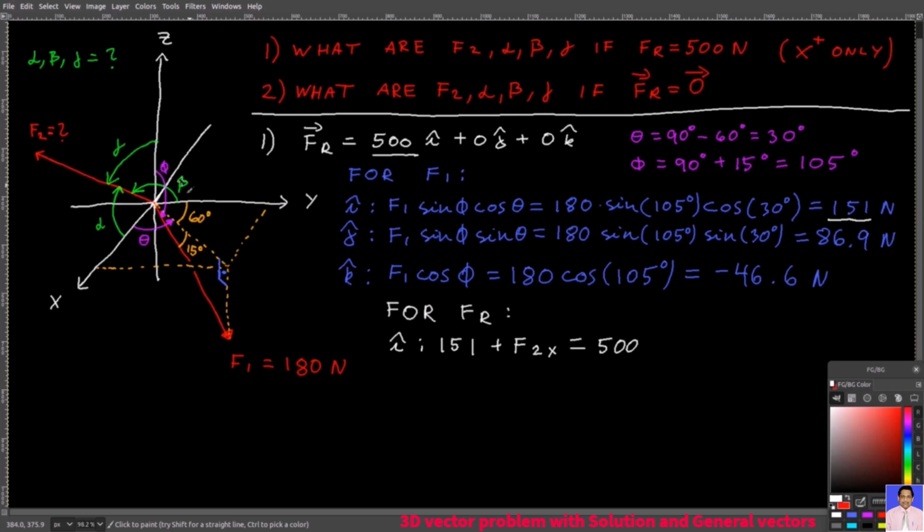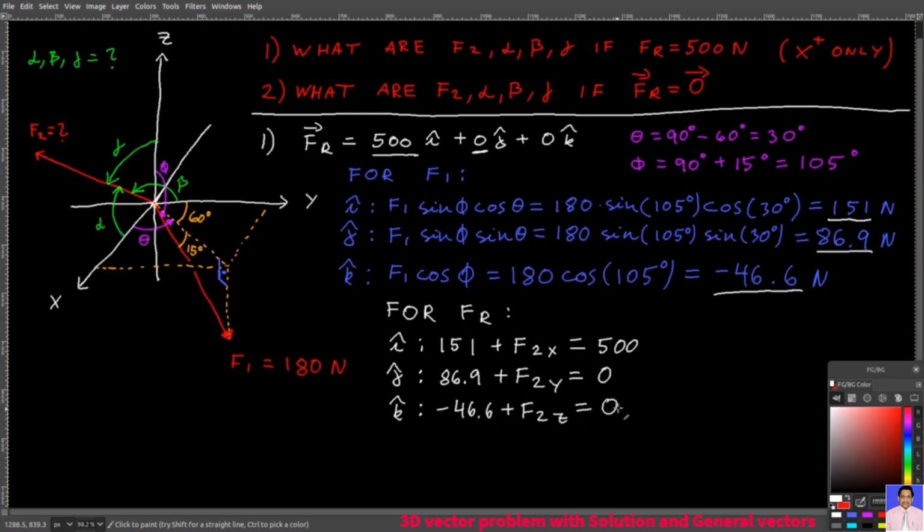But of course you don't know your F2 vector, so this is your unknown variable. And then in the j direction, you have 86.9 plus F2y, and that must be 0 newtons. And then this is the k component. We have minus 46.6 plus F2z, and again that equals 0 newtons.